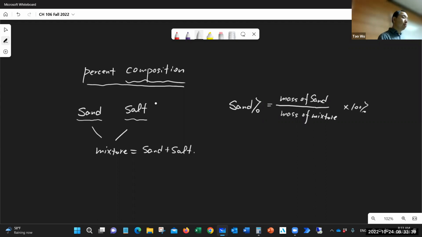This is the percentage of the sand. If you want to figure out the salt, you do the same thing. It's just the mass of salt divided by the total mass of the mixture.